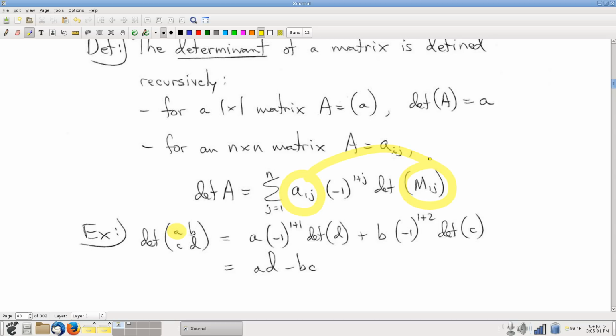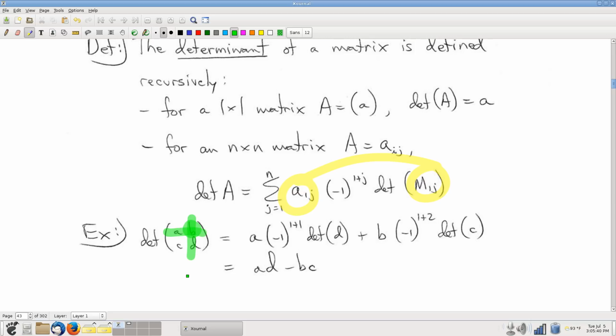We're going to be crossing out the row and the column for that entry, and the remaining, in this case, is just D. Likewise, when J equals 2, you're there.